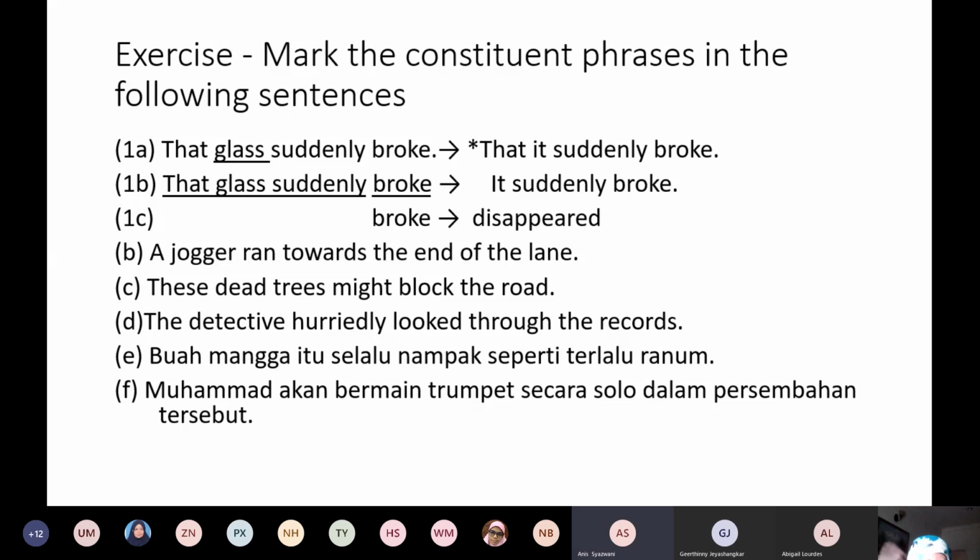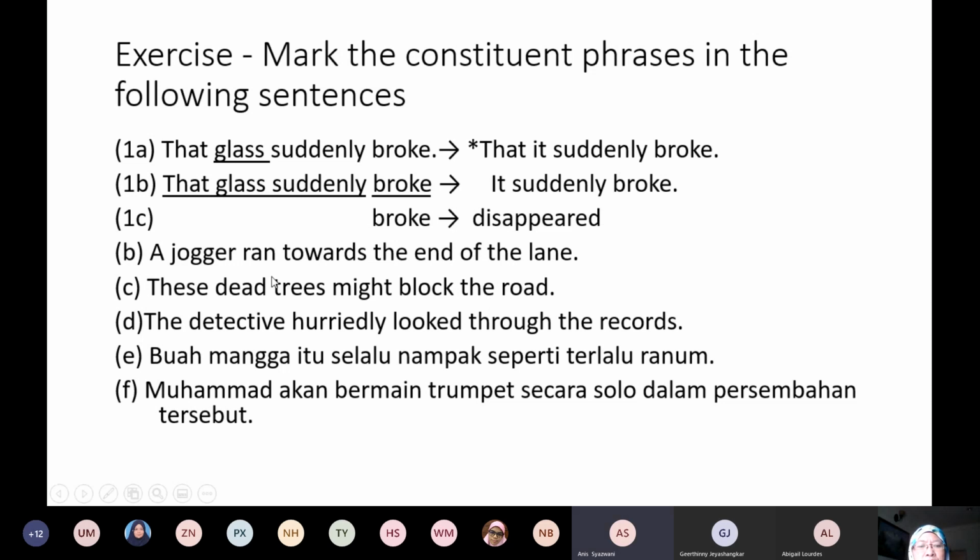Lepas tu yang lain semua tu adalah frasa kerja. Akan bermain trumpet secara solo dalam persembahan tersebut, itu semua kata frasa kerja. Dalam frasa kerja tu dia ada kata kerja bermain. Baru kita ceritakan apa dalam frasa kerja tu lah.